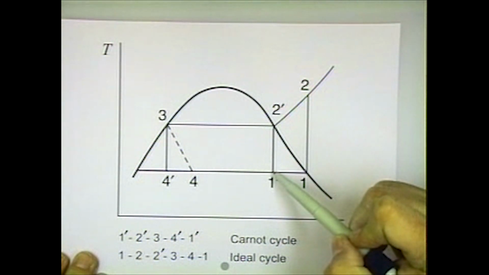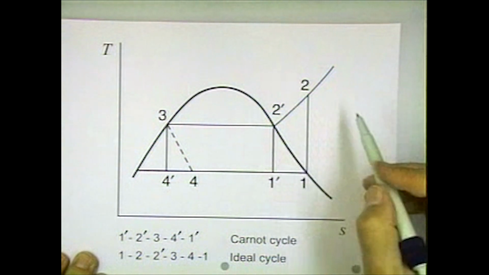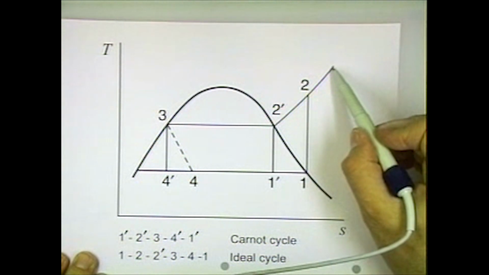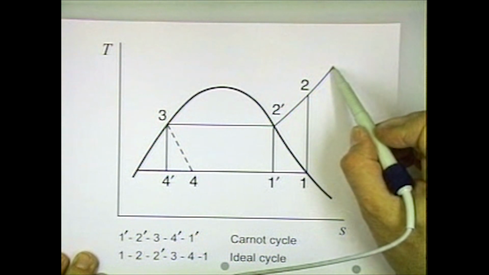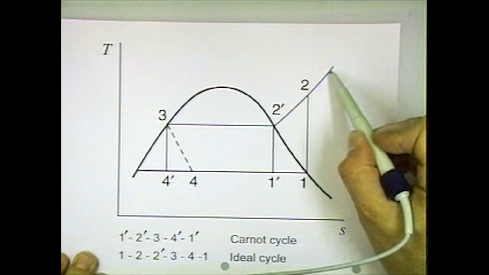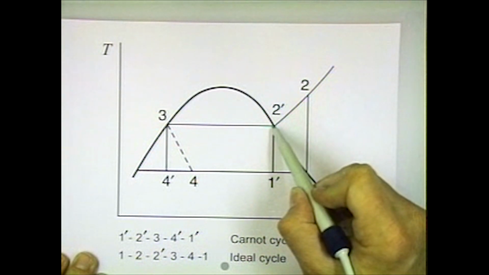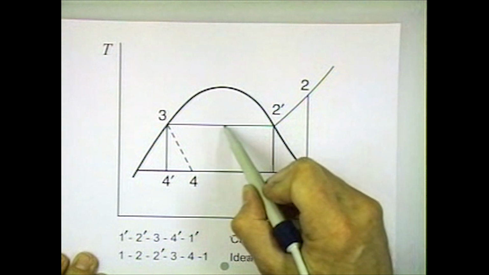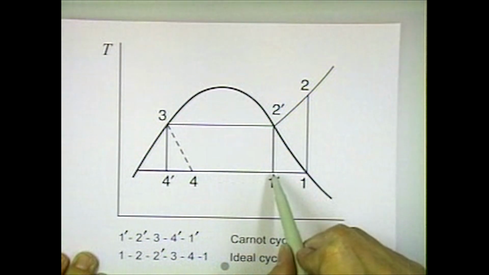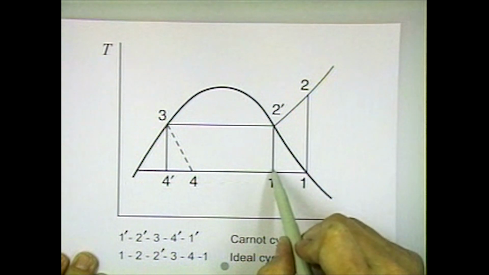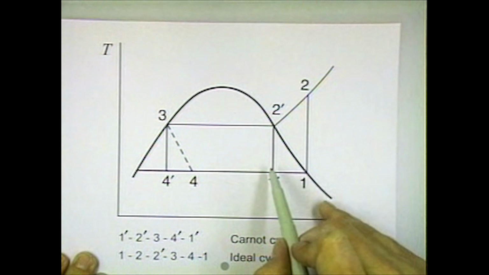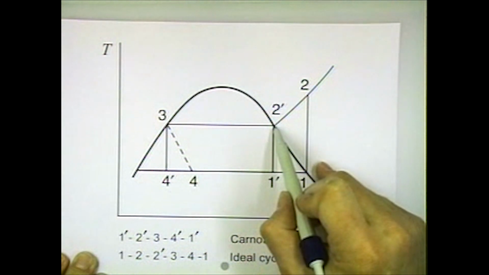So we do an isentropic compression. And what you may remember from thermo is, you see this line here? These lines to the right of the vapor dome, those are lines of constant pressure. Under the vapor dome, a line of constant pressure is just this horizontal line right here. So as we increase the temperature isentropically, we're also increasing the pressure.